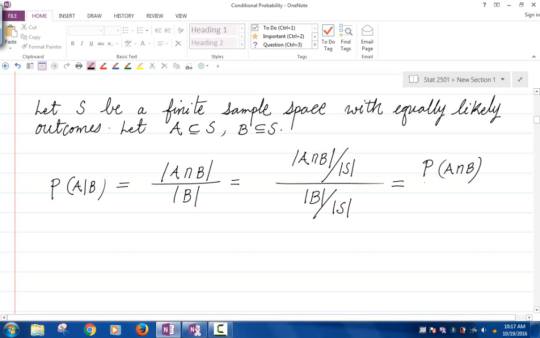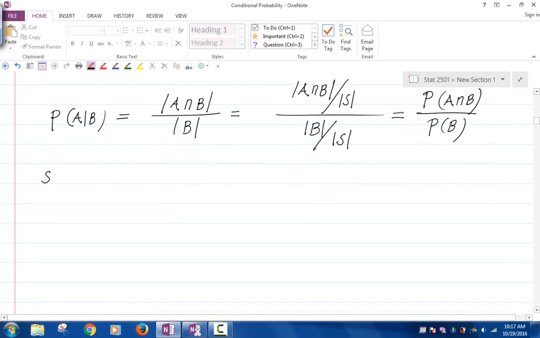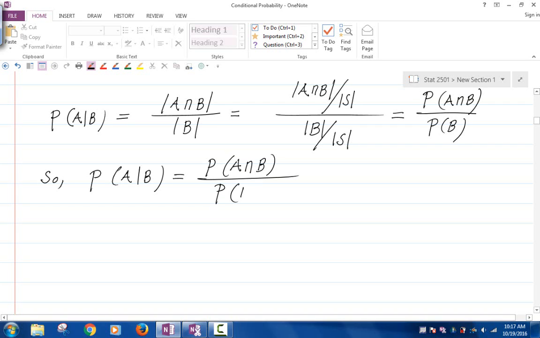And then the denominator is simply the probability of B, because you're dividing the number of elements of B by the number of elements of S. So then we see that the probability of A given B is the probability of A intersect B divided by the probability of B. Okay?